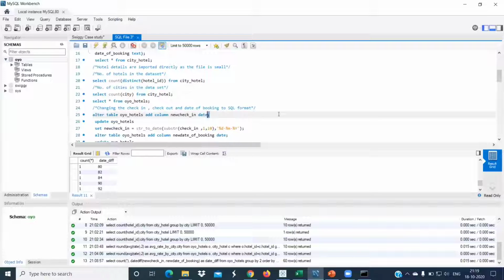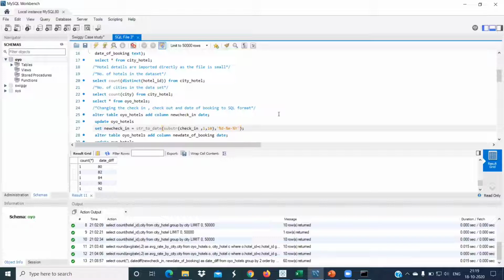This command states: alter table OYO hotels add column new check-in date. So a new column called new check-in date got added, and the old check-in date was converted into the new check-in date in a format which will suit SQL.